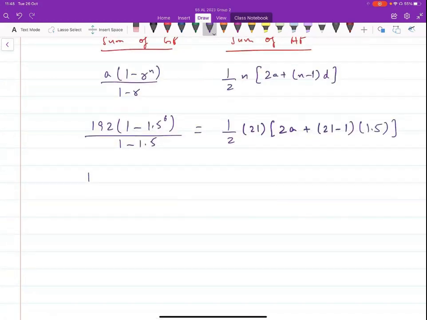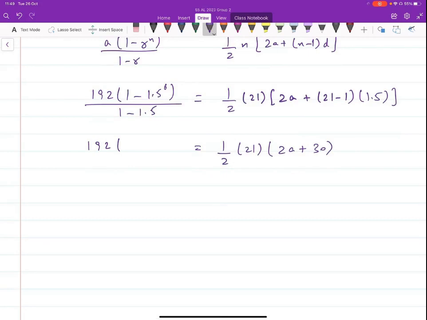So 192. What comes on the left side? Anyone? What do we got on the left side? Sir, it's minus 10.39. The whole thing after division?